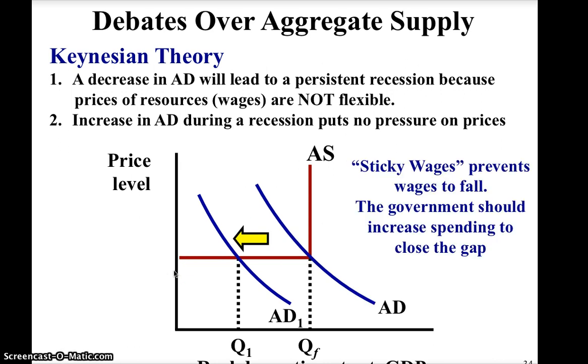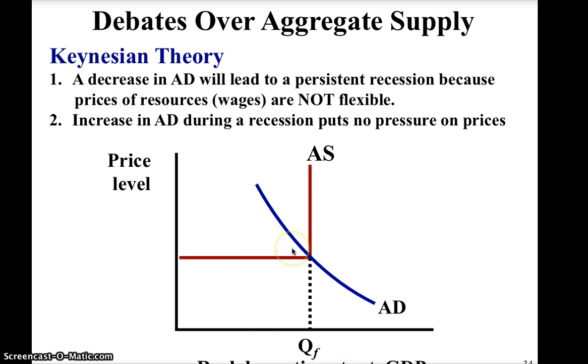Let me go back for a second. If we start right here, you notice that this part of the aggregate supply curve is flat. And where aggregate demand and aggregate supply meet here is at full employment. So you can assume that before we begin the story, this economy is humming along.